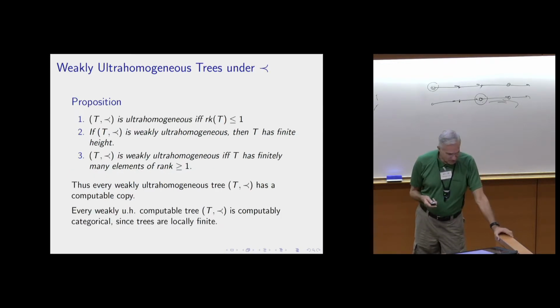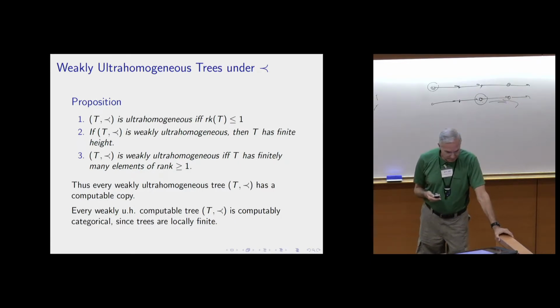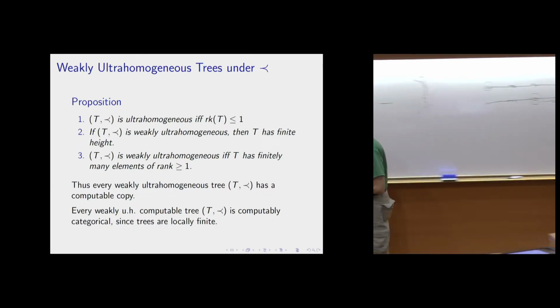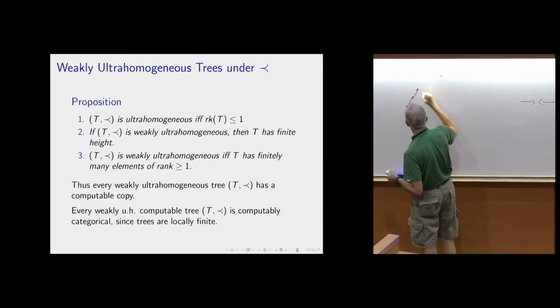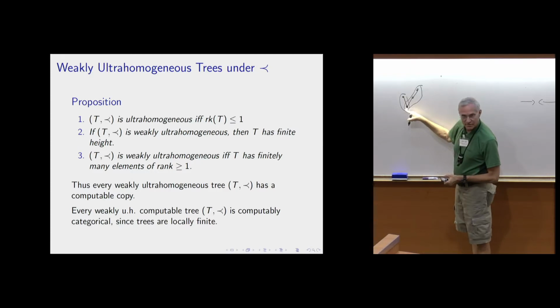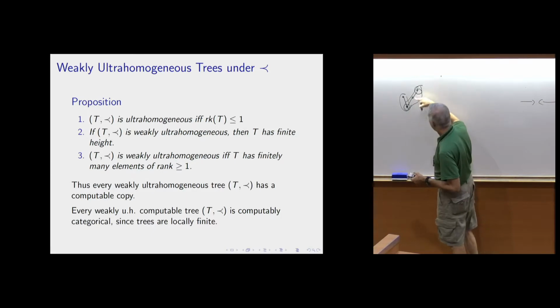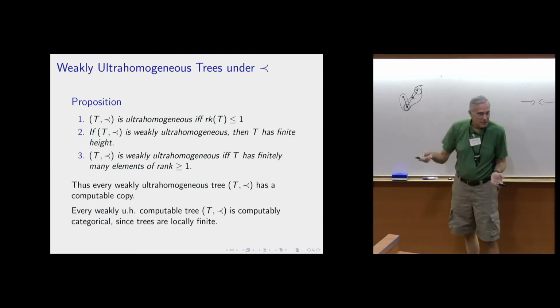So what about the weakly ultrahomogeneous version? This becomes really too simple. To be ultrahomogeneous, you have to have rank less than or equal to 1. So essentially you have the root, and you can have some points above there. You can't have any more because, under the partial ordering, if you had one of these and then one like this, and you look at just these two nodes, one is above the other.